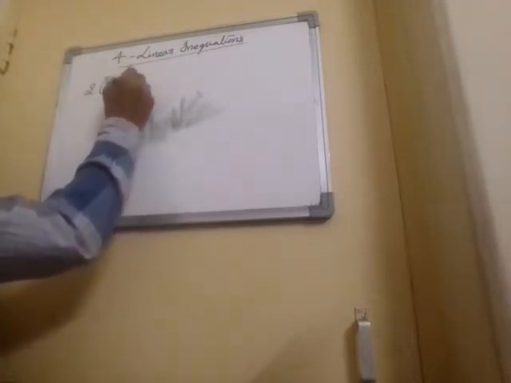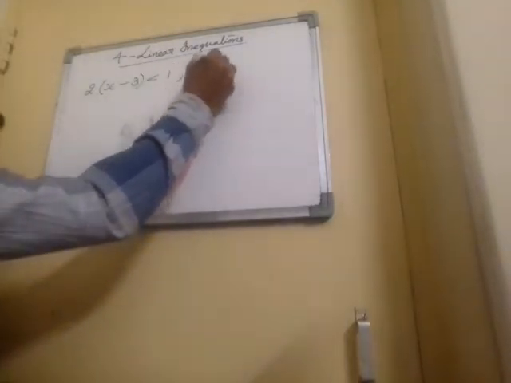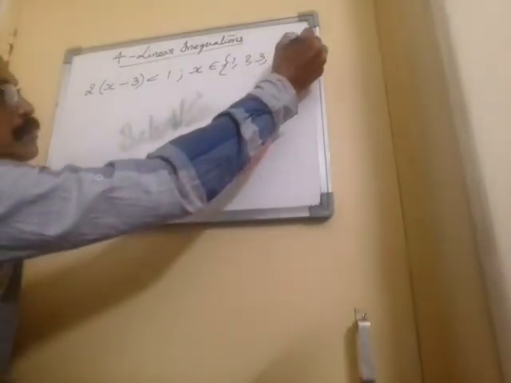Question number 2. Solve 2 into x minus 3 less than 1, where x is an element of the set 1, 2, 3 up to 10, natural numbers up to 10. Same method here also.